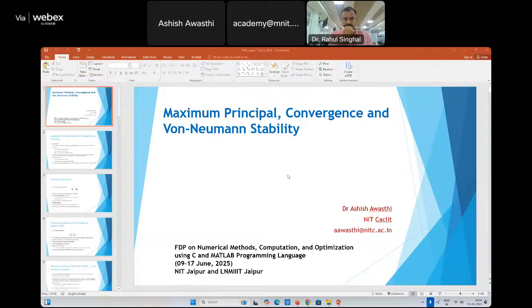As you have already seen a lot of lectures on numerical methods for solving differential equations, especially partial differential equations, now we will talk about how we ensure, when we are solving a partial differential equation by any numerical method, whether finite difference or finite element, that this method will give you the true results, or results close to the true results of the differential equation?